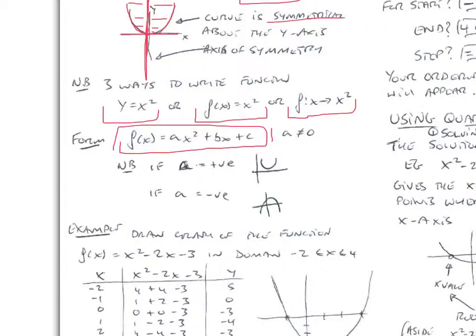Whereas the line is f of x equals ax plus b, if you remember that from before, where this a is the slope and this b is the intersection of the y-axis. But let's go back to the quadratics here. So just note, if a is positive, then you get a u-shape, and if a is negative, like minus 3x squared, you'll get an n shape, inverted.